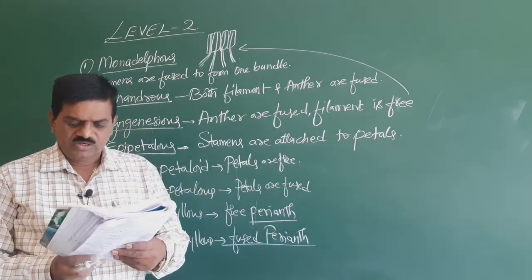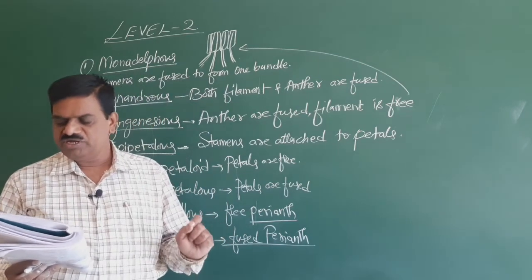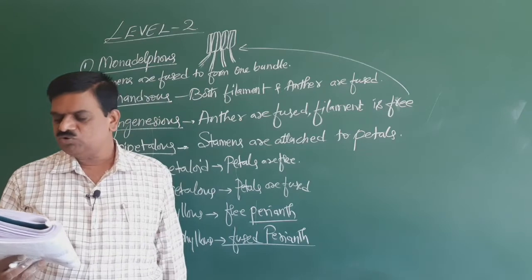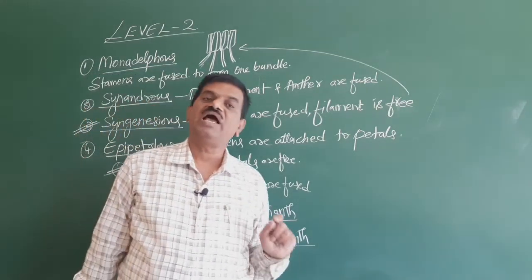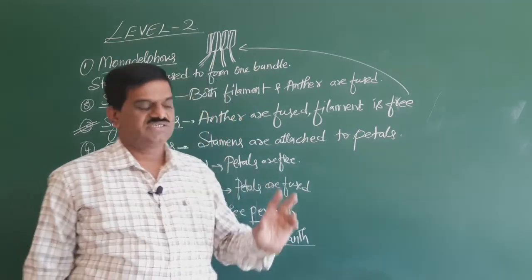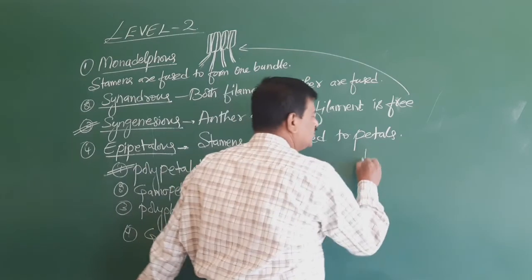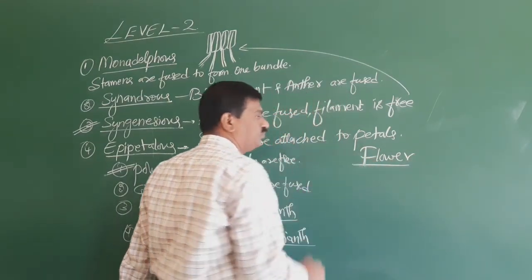23. Flowers normally have how many whorls? So we know that a flower has calyx, corolla. The flower is the reproductive part of a plant body.